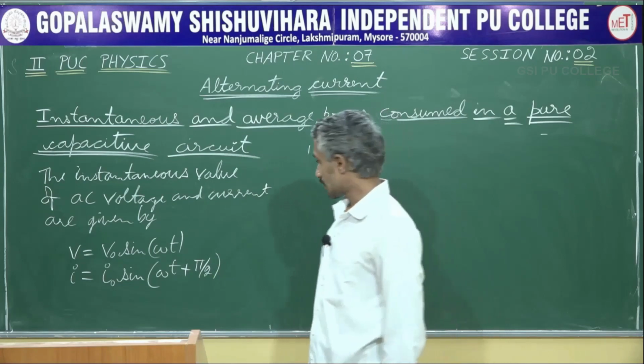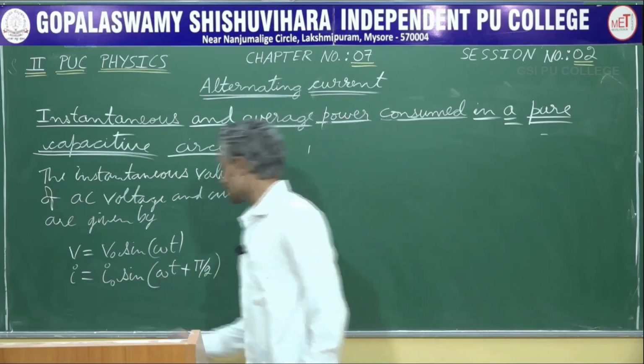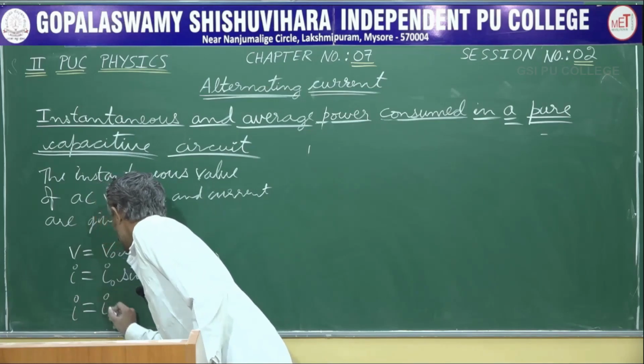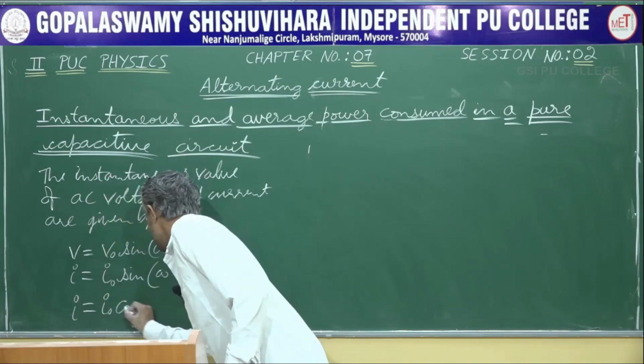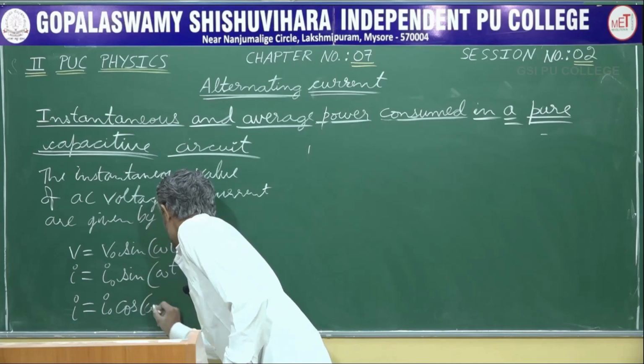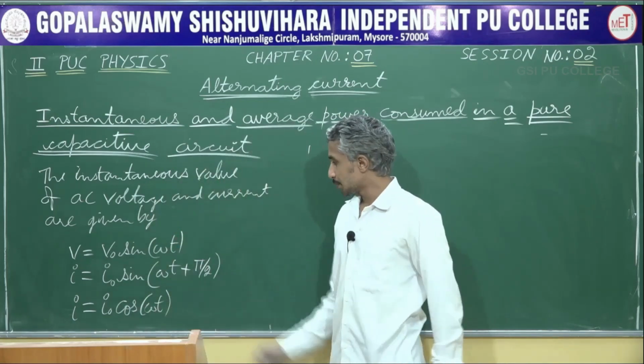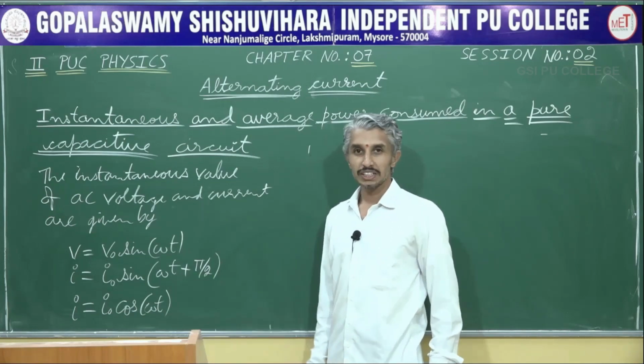For the sake of convenience of further calculation, sin of omega t plus pi by 2 can be written as I naught into cos omega t. So, sin omega t plus pi by 2 will become cos omega t.